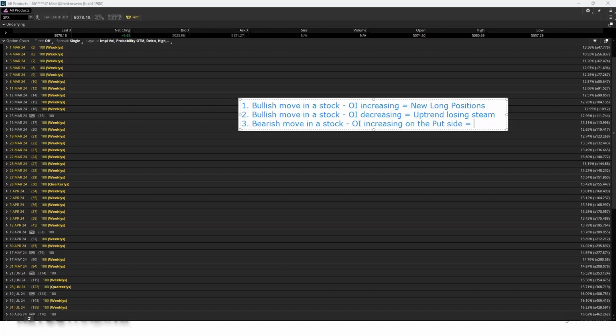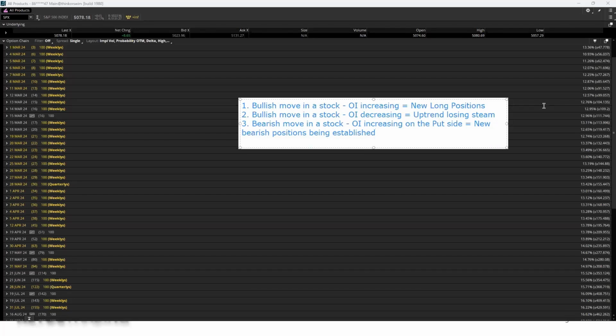It would indicate basically that there are new bearish positions being established, right? Because people are buying puts. And often when this happens, we see sell-offs accelerate or gain steam, or we see a bull trend reverse to a bearish trend as the stock starts to move down, while simultaneously open interest starts to go up on the put side of the chain. Right.